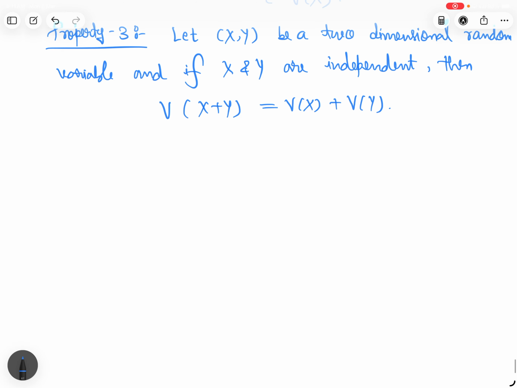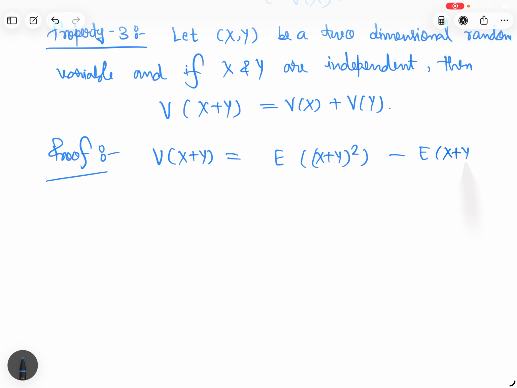So let's see its proof. What is variance of x plus y? It is equal to expectation of (x plus y) square minus (expectation of x plus y) whole square, by the formula.